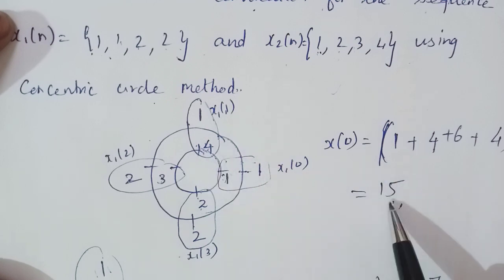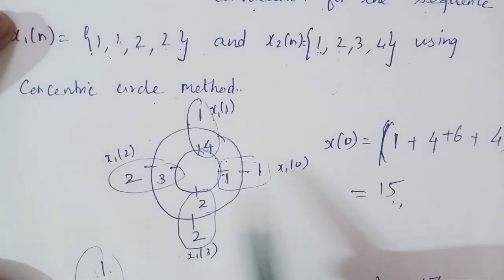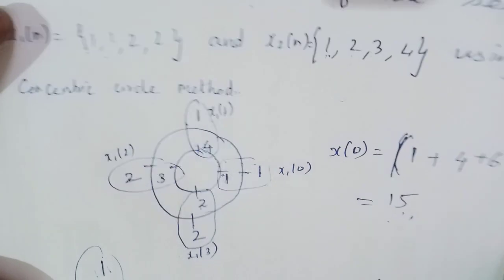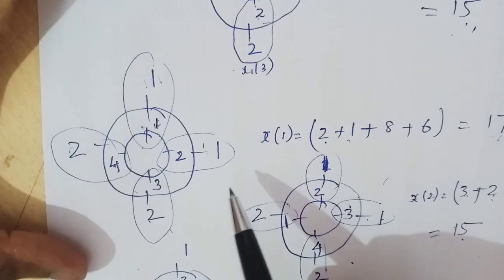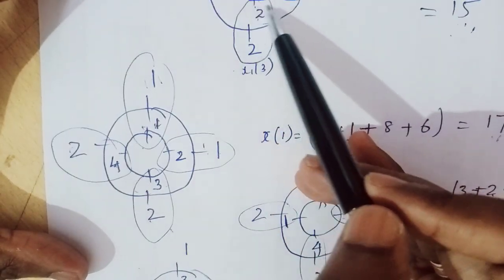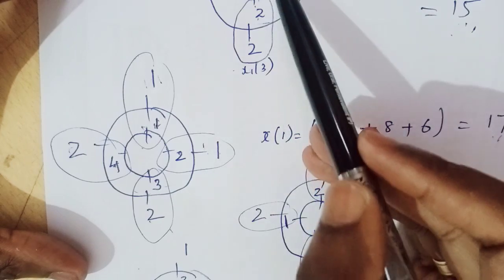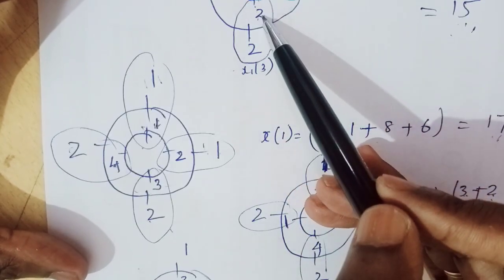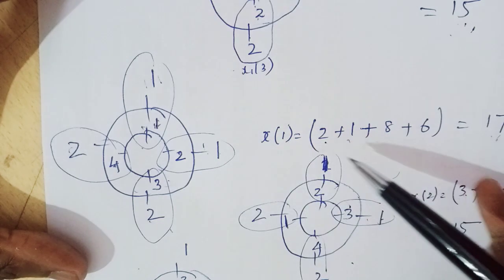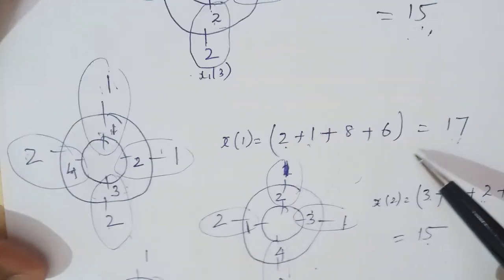We multiply the values and add them, so we get a value of 15. Then we make the first shift. As I told, the shift happens in the anti-clockwise direction in the inner circle. So this 4 comes here, this 3 goes here, 2 moves here, and this 1 comes here. Again, you multiply and add the elements.